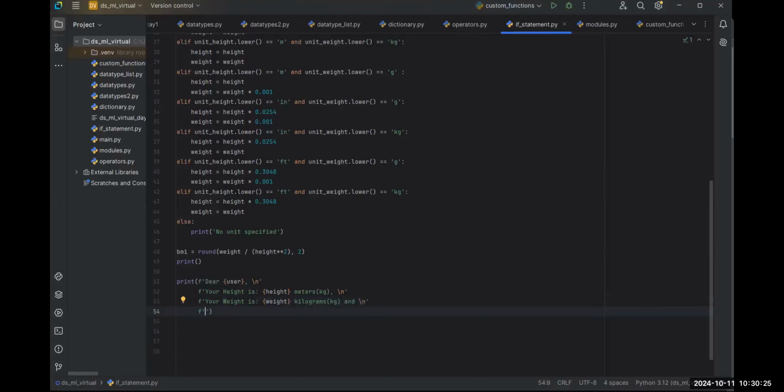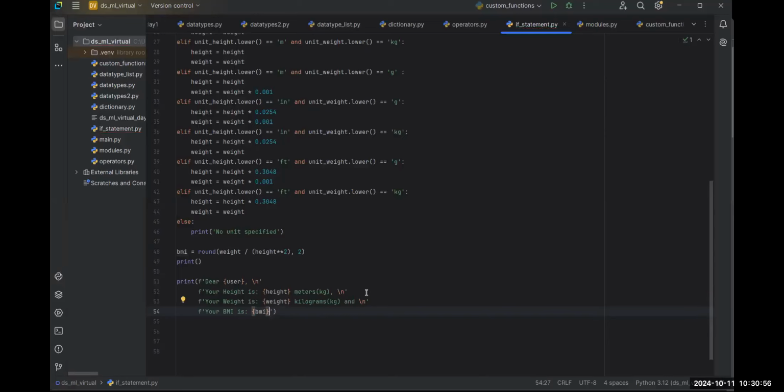Your BMI is, now what are we bringing in? We are bringing in the BMI that we have specified. And what is the SI unit for our BMI?